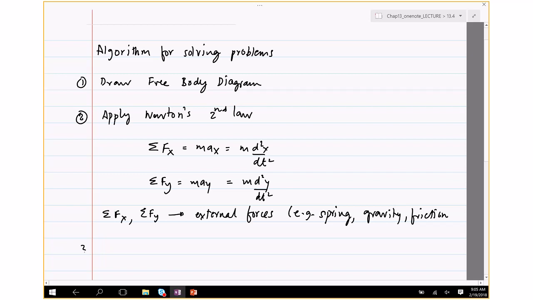And the last step is, and this is optional, sometimes you're asked to find the acceleration, in which case you stop at step number 2. Sometimes you're asked to find position or velocity. So if asked to find v or r, then you need to integrate the equations of motion.